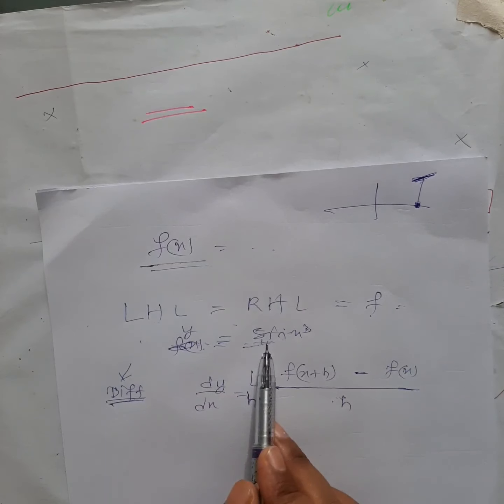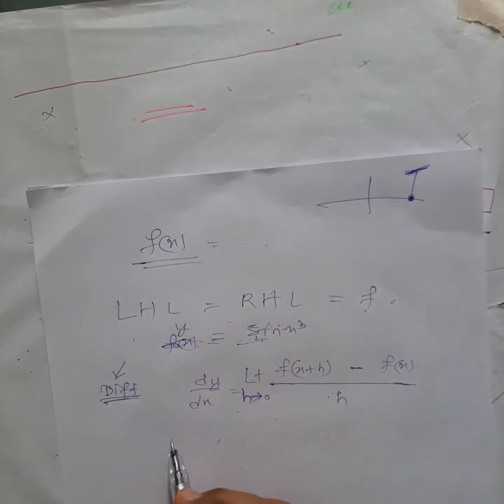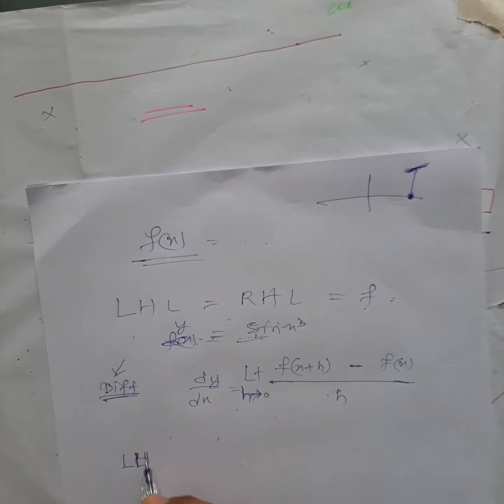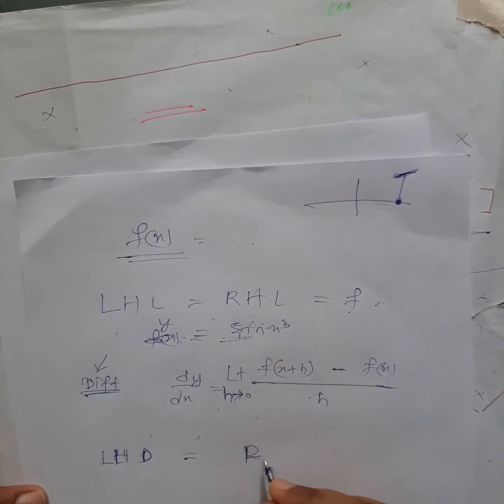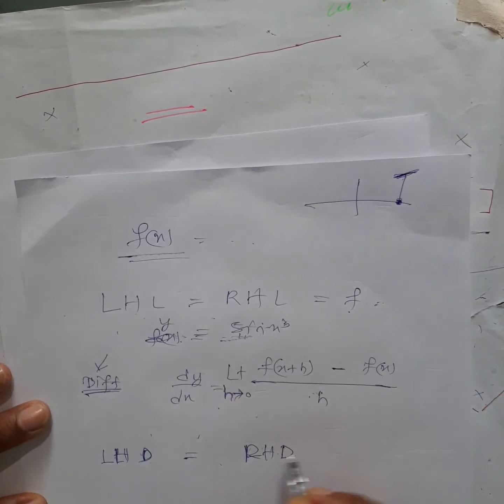Then what I have to do is find out, here also, the left hand and right hand. In the case of limits we used to say limit; here we will say left hand derivative and right hand derivative, okay.